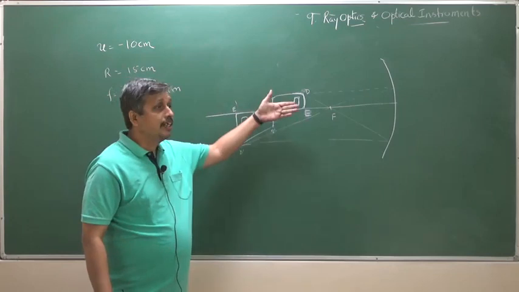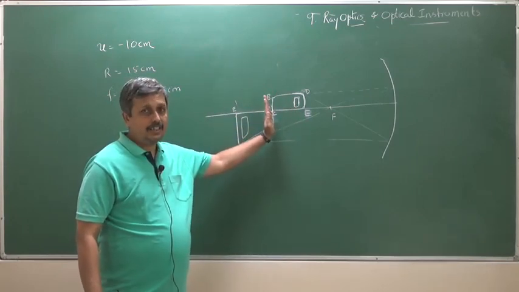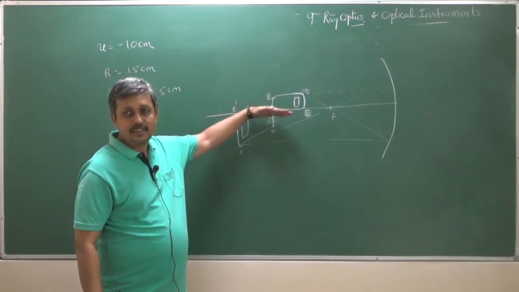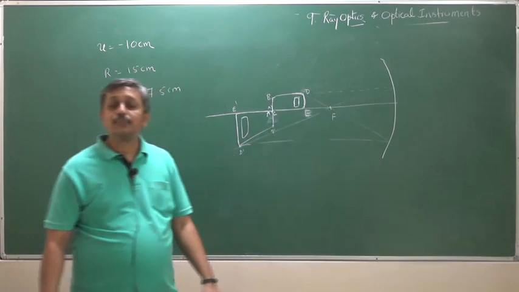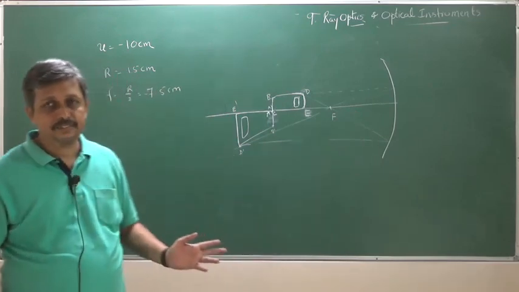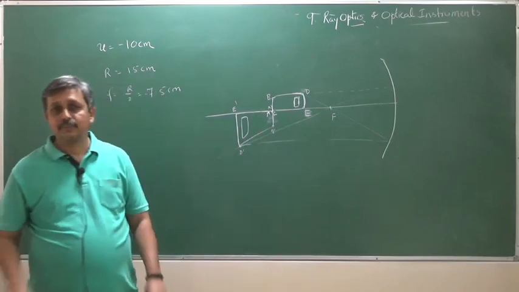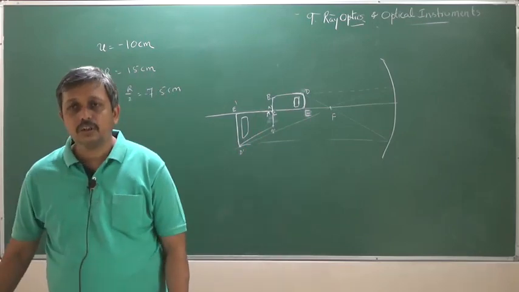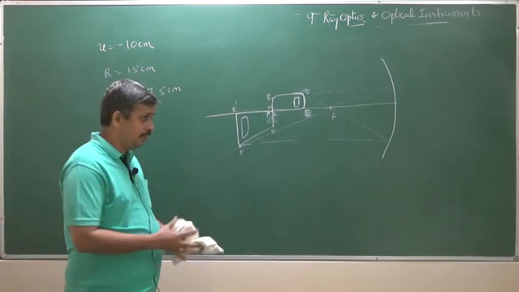If you keep the object like this, it will not get distorted. But if you keep it like this, or anyway parallel to the axis, it will definitely get distorted, because at every point the magnification will be different. So this is one example. Let's take another example.